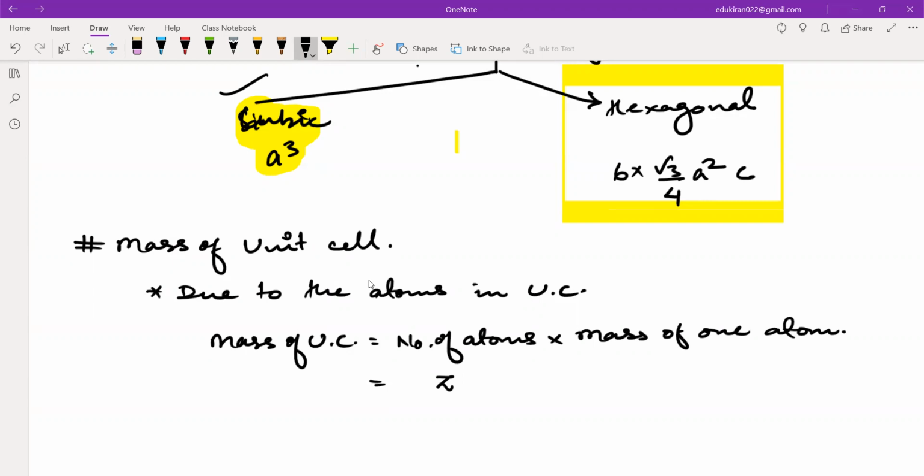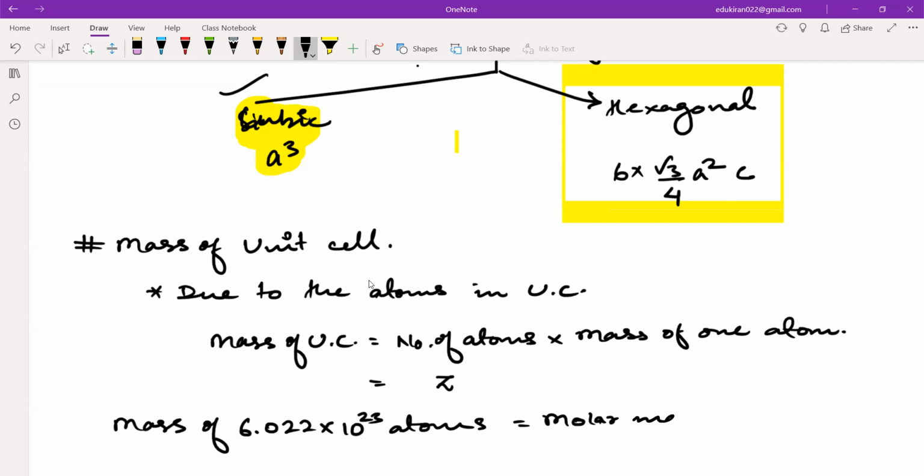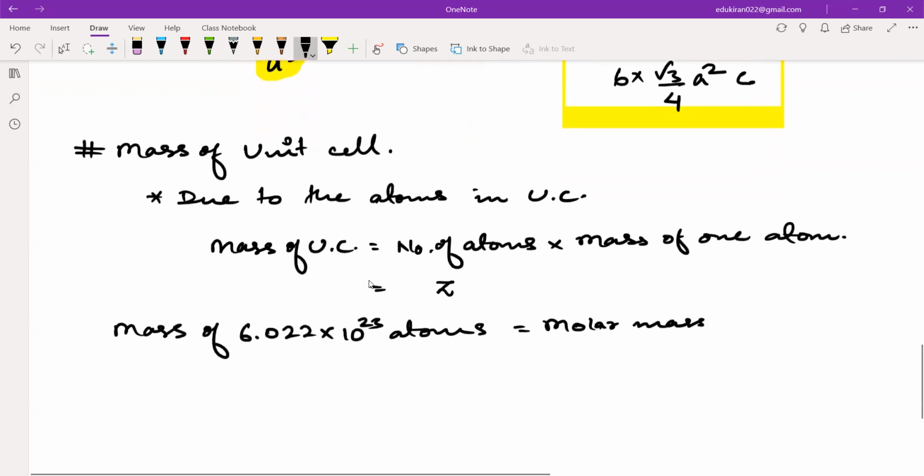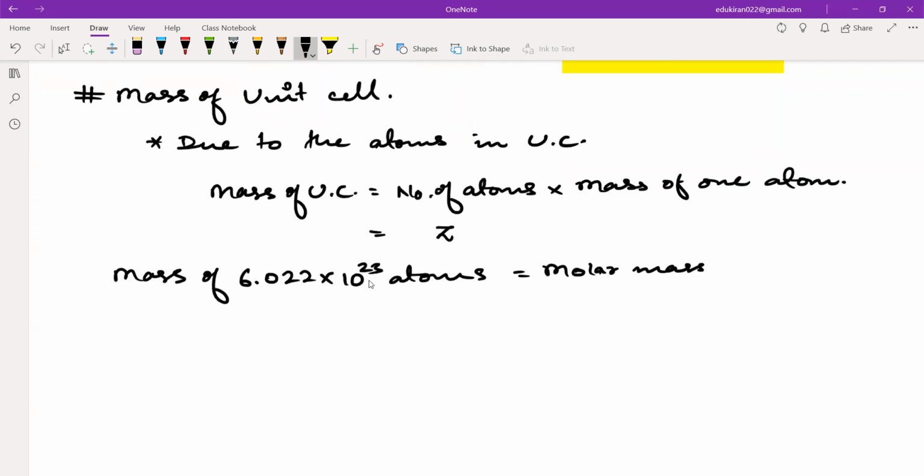Now, mass of one atom, this is very important. We know that the mass of 6.022 into 10 to the power 23 atoms is equal to the molar mass. Right? This number I can write as Na.